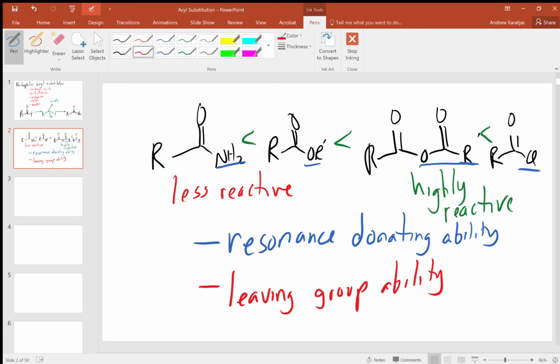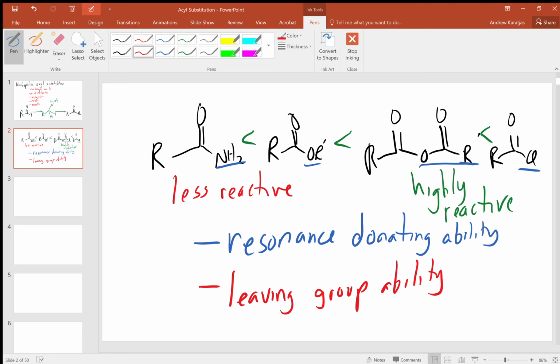So how will these two have an impact? Well, if that group there is a very good donor, as an electron donating group, like say the NH2 group is, or whatever the nitrogen group could be is. If it's a very good donor, then it donates more electron density into the carbonyl. If it donates electron density into the carbonyl, then the carbonyl is not as partially positive and is going to be less reactive.